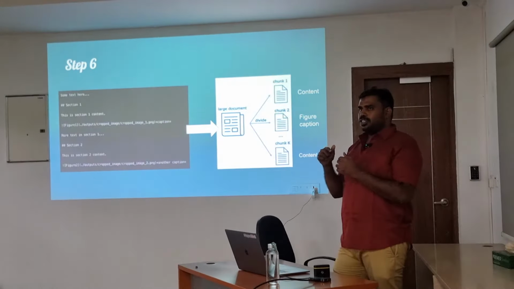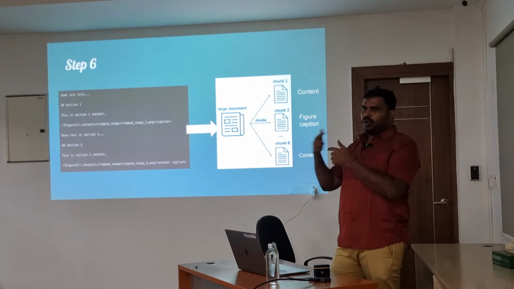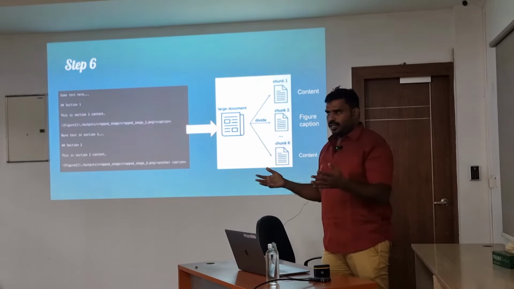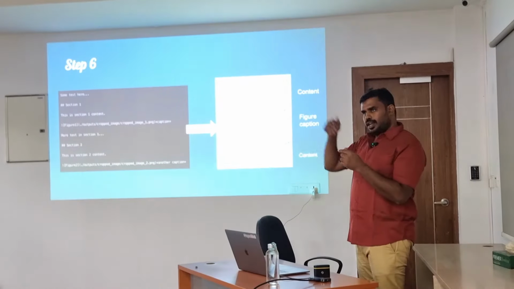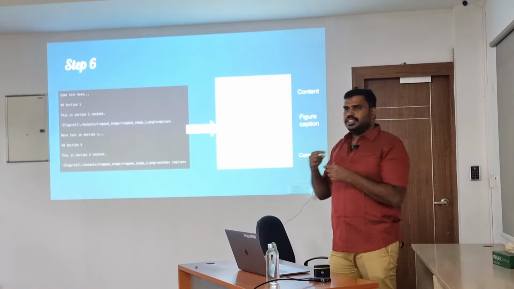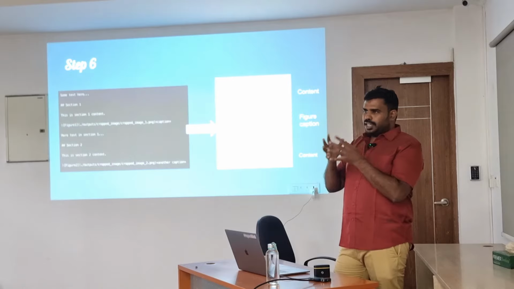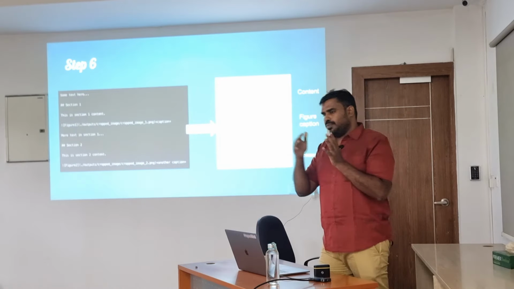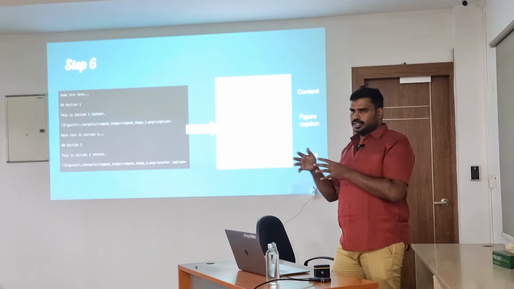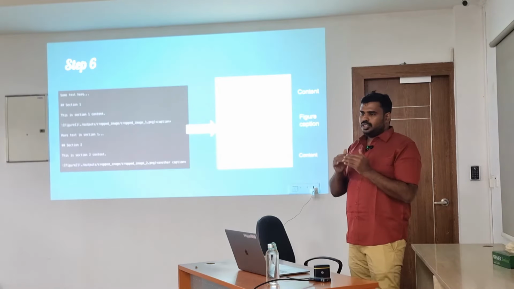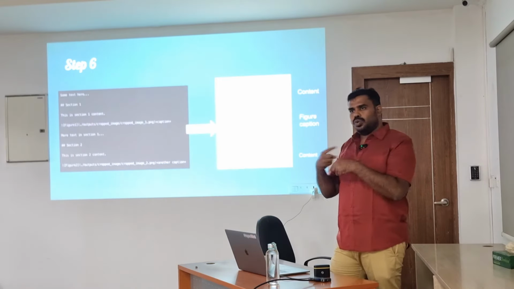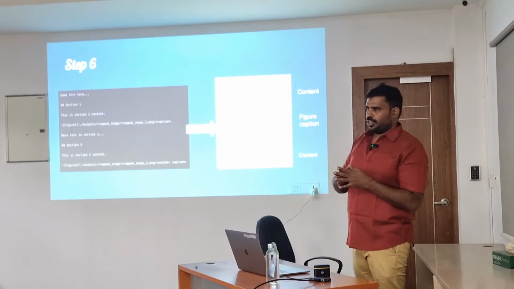So whenever you find a paragraph of more than 5,000 words, then recursively split that into two. This is another strategy. So splitting the markdown file into multiple chunks is not one single strategy. You need to do trial and error over there. There is no other way.